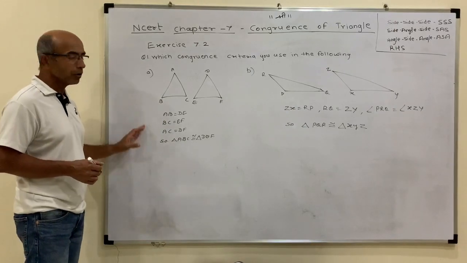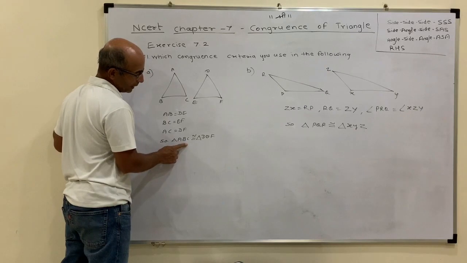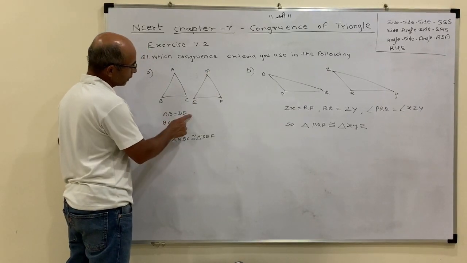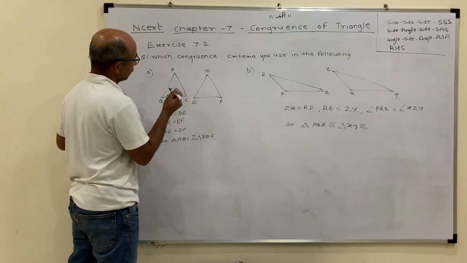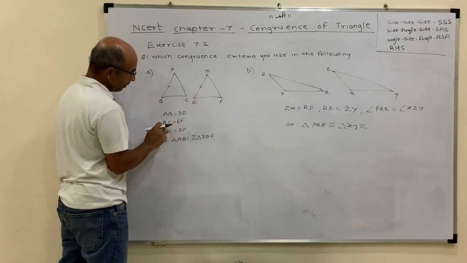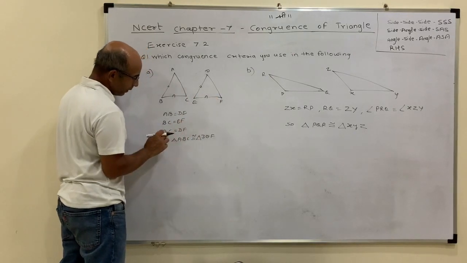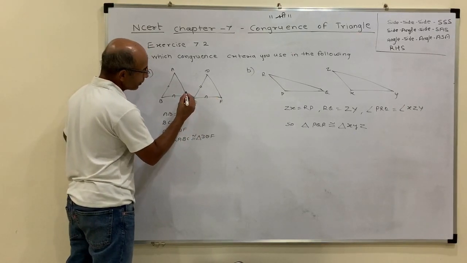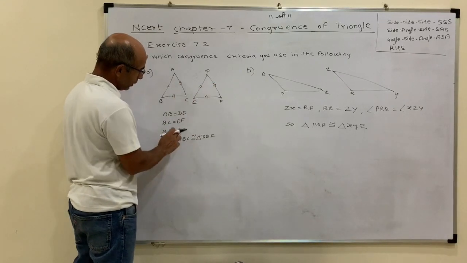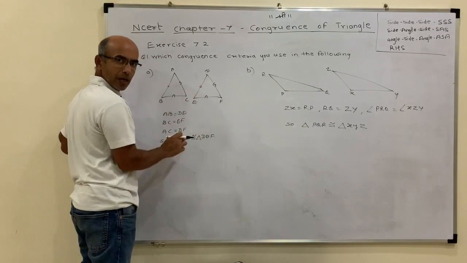Now let's solve A. Triangle ABC is congruent to triangle DEF, where AB is equal to DE, BC is equal to EF, and AC is equal to DF. So the corresponding sides of these two triangles are equal.